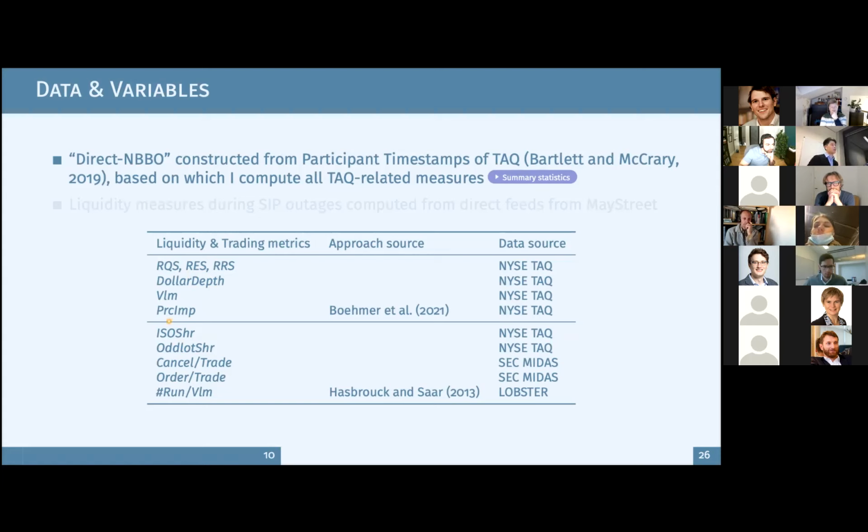And here is the price improvement, because one argument for the slow SIP is that for wholesalers like Citadel, when they claim that they price improve on retail trades, you never know what price they use as a benchmark. They might claim to have price improvement on your trade, but they might use a stale quote from the SIP.